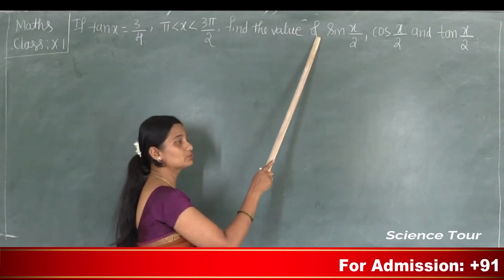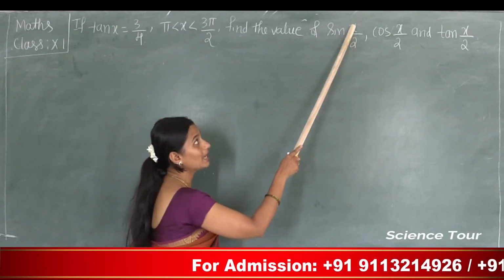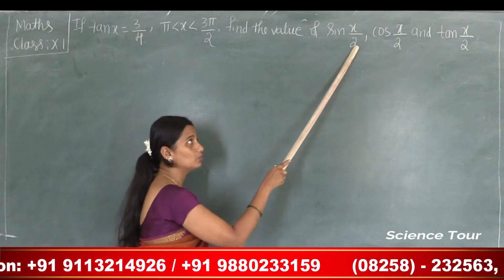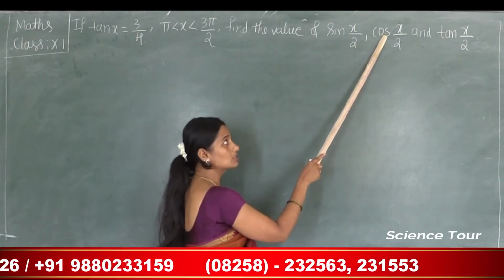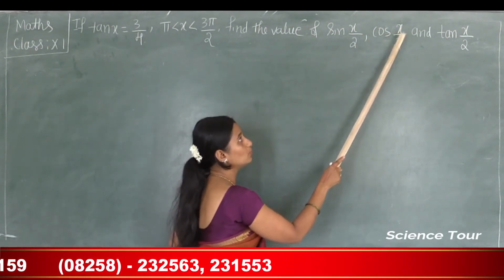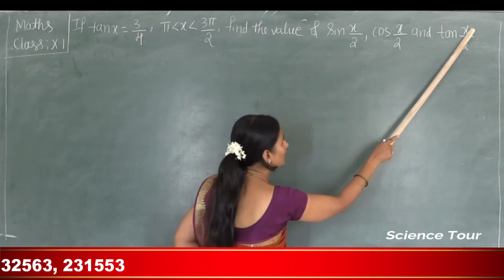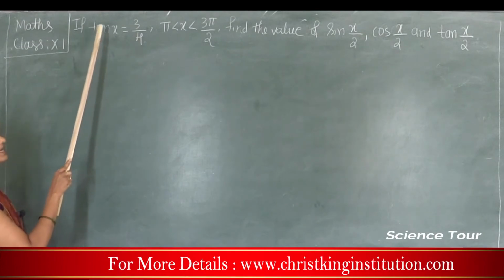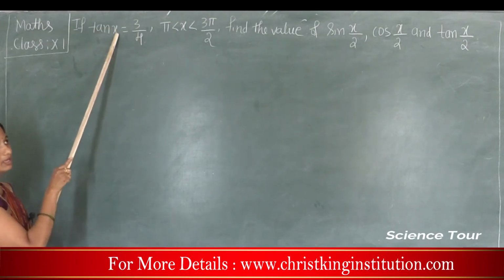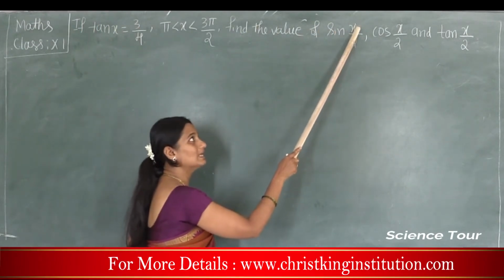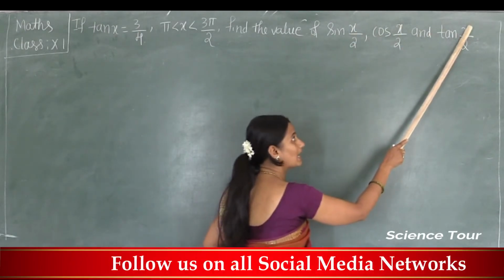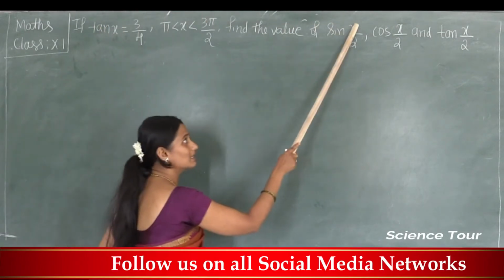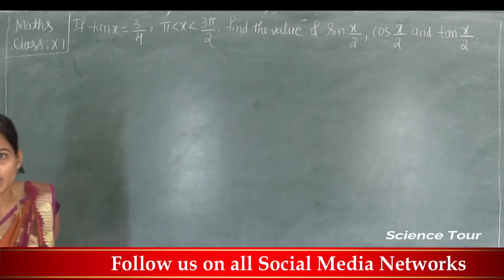Find the values of sin x by 2, cos x by 2 and tan x by 2. See here, the given is tan x and to find is sin x by 2, cos x by 2, tan x by 2. x and x by 2 are different angles.